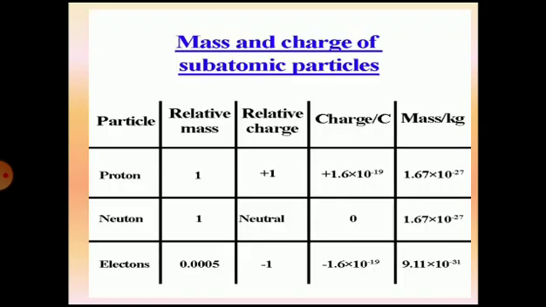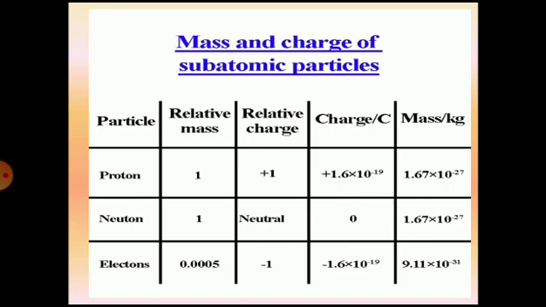Now, in our previous class we have learned about the three fundamental particles of an atom, that is proton, neutron and electron. And in today's class we'll see the relative mass, relative charge of a particular subatomic particles. So you can see here we are having the table which contains relative mass, relative charge, charge per coulomb and mass per kg.